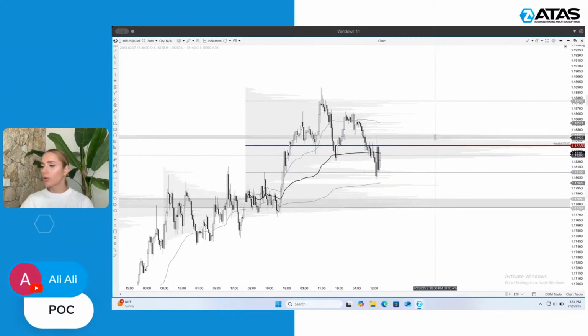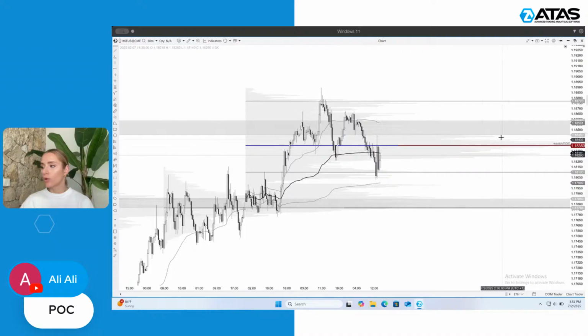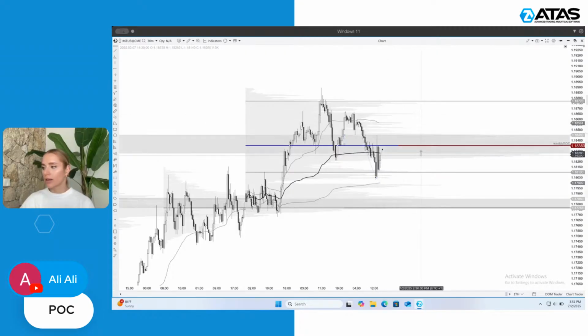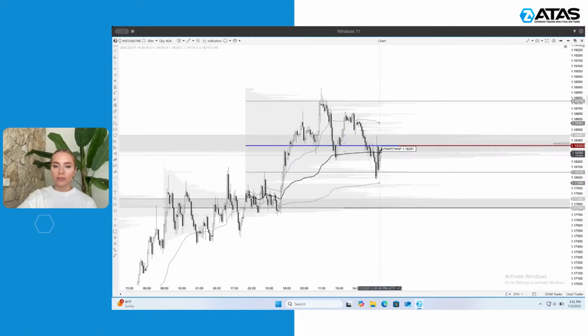We have the high volume node here from the volume profile, so this shows it. And as you can see, the price already went below it and then came back to retest this high volume node right here and the point of control. It's also testing the VWAP from the bottom.